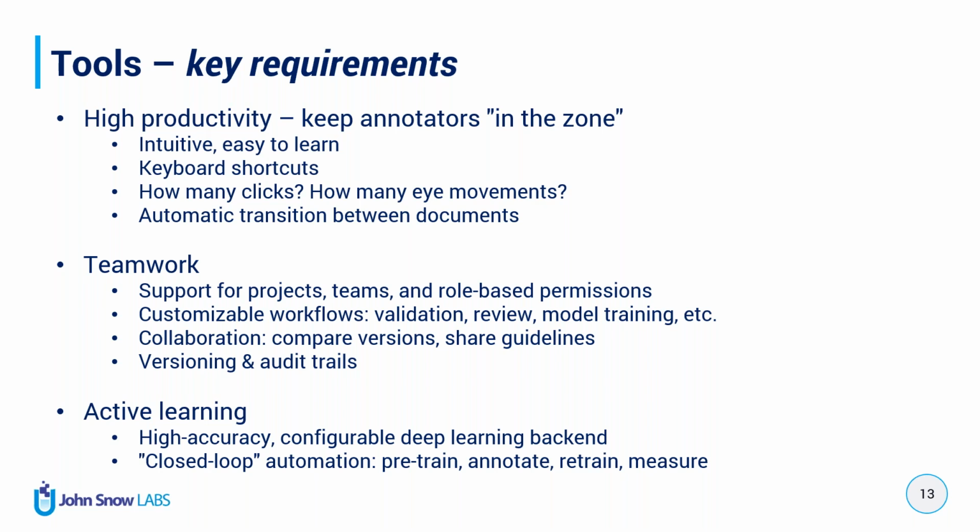And actually, to have a very fast annotation, at this point we are counting clicks and eye movements, and we have to optimize this as much as possible to optimize the transition between documents. So after a user finishes one document, the other one which is available should automatically appear, and so on.